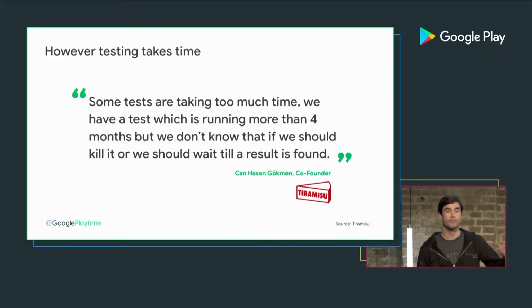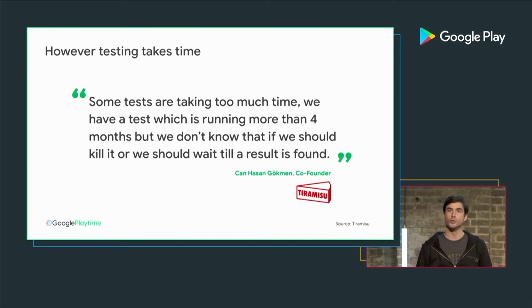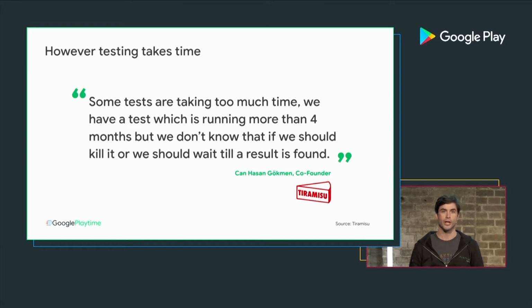But we also see that developers are facing some challenges. Most of the challenges are about, well, I might spend a lot of time doing a test, and I'm at a point where I've been running this test for 4 months, as in the case of this quote, and I don't know what to do. Should I keep testing, or should I cancel?